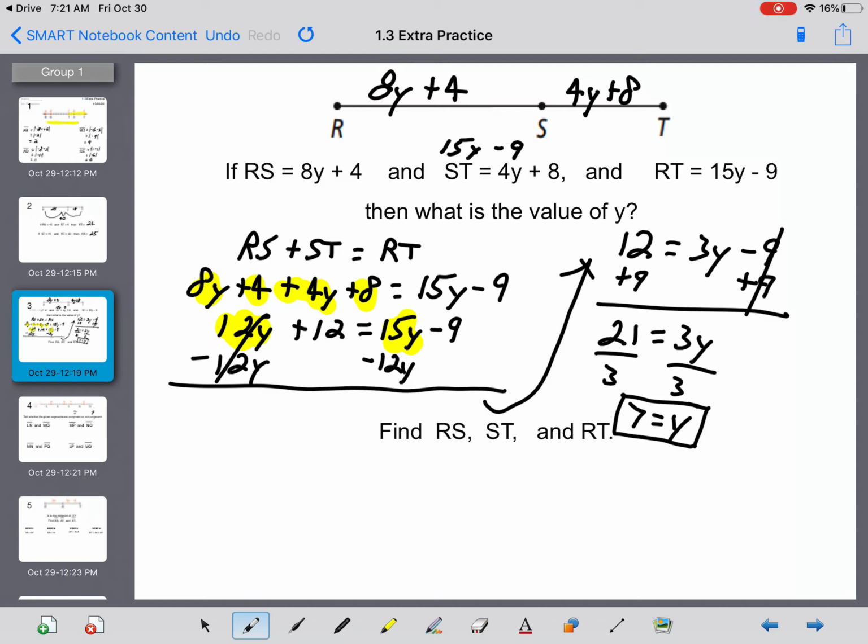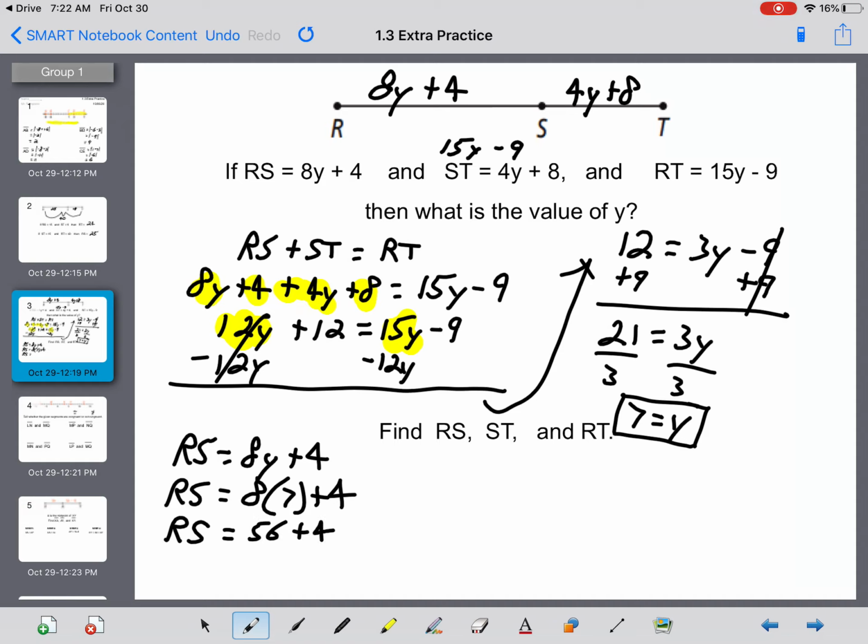Now it says find RS, ST, and RT. Well, RS is equal to 8y plus 4, which is really 8 times 7 plus 4. All right, 8 times 7 is 56, plus 4 is 60.